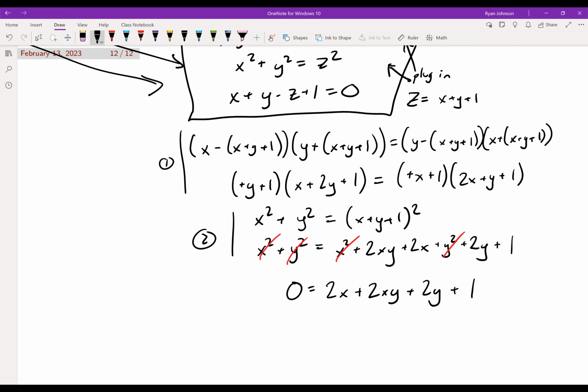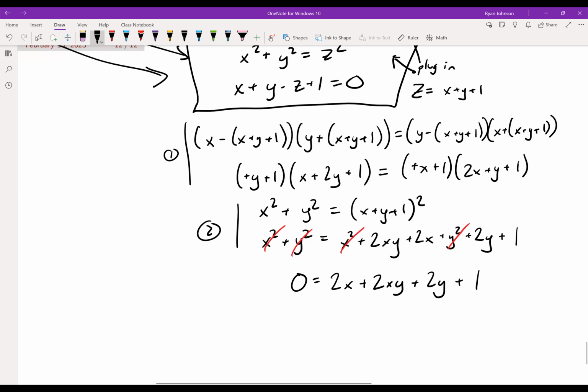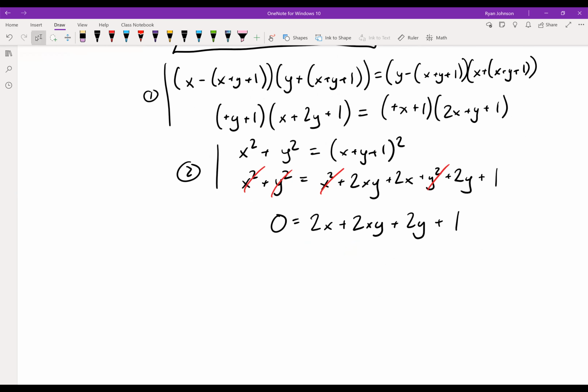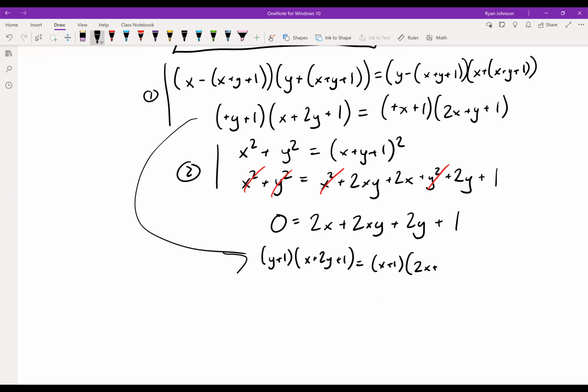And we're getting there. We have 2 equations and 2 unknowns. Let's write them just together. So let's write this one right beneath it. So I've got (y plus 1) times (x plus 2y plus 1) equals (x plus 1) times (2x plus y plus 1).